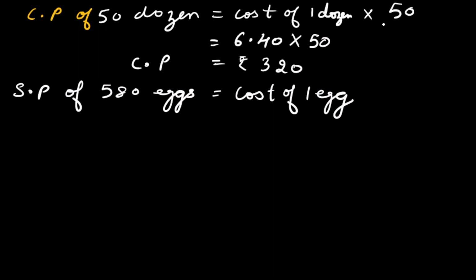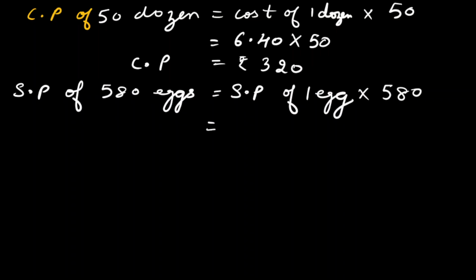Here we know the selling price of one egg: the person has sold one egg at 55 paise. So 55 paise is the price of one egg, multiplied by how many eggs?